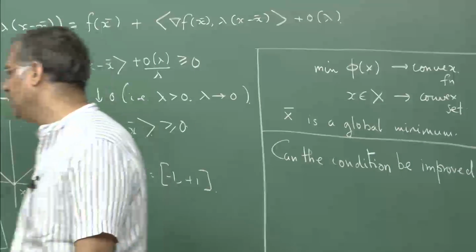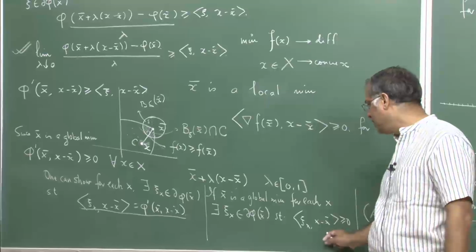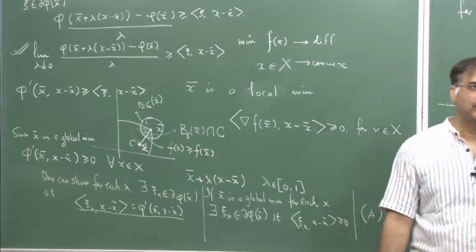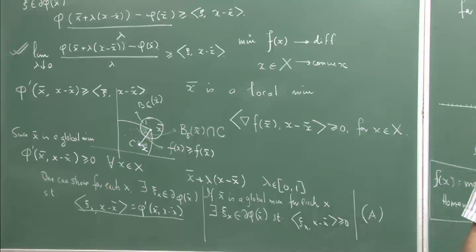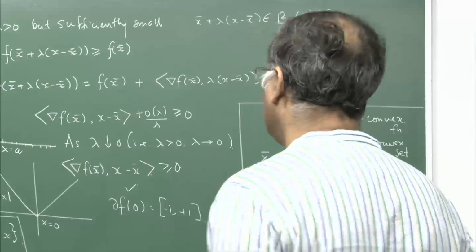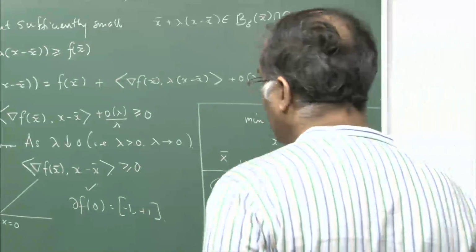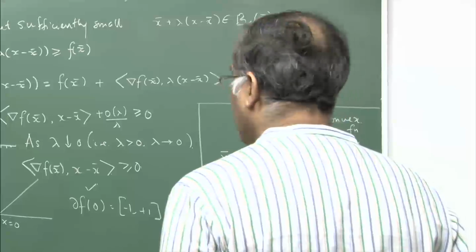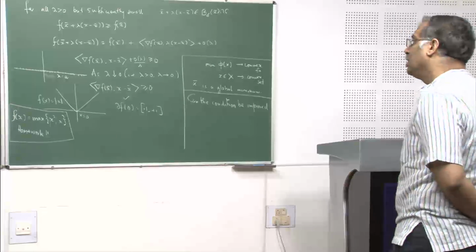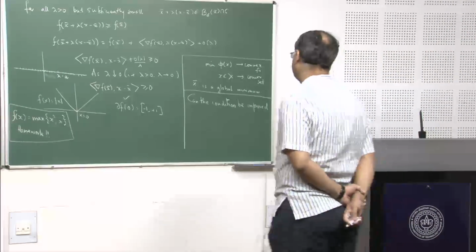That is what I am asking. Can there be only one xi which will work for all x? That is our question, which we will try to answer tomorrow. Can I have only one xi which will work for each and every x?